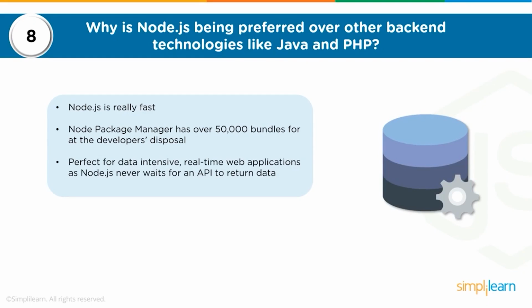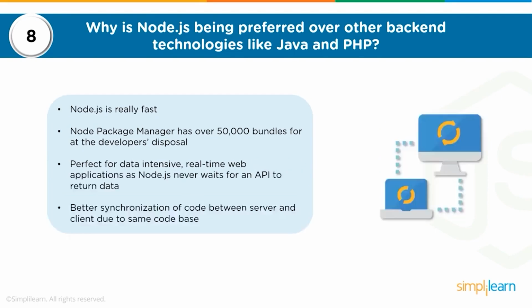If you're building out a real-time application that's data intensive and you need to have APIs quickly developed, then Node.js is really the great solution for you. It allows you to build out these solutions really quickly. And there is an easy synchronization between the server and the client due to the code base.